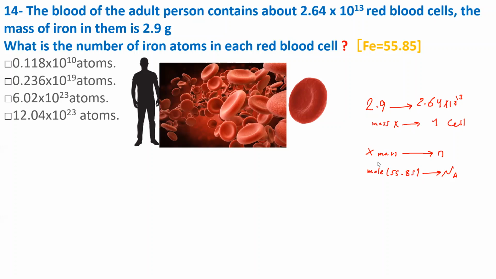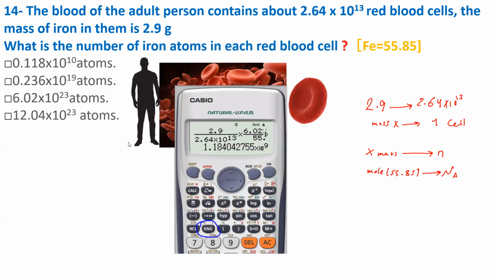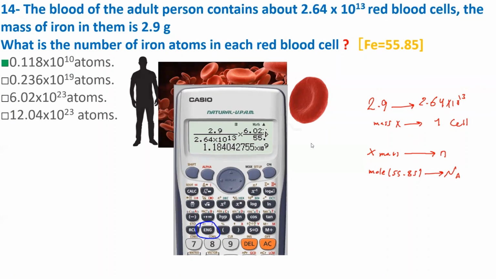This mass of iron is equivalent to the number, but a mole contains Avogadro's number. By another cross multiplication, we can calculate the number of iron atoms as needed. So the first cross multiplication: x equals 2.9 times 1 divided by this number.